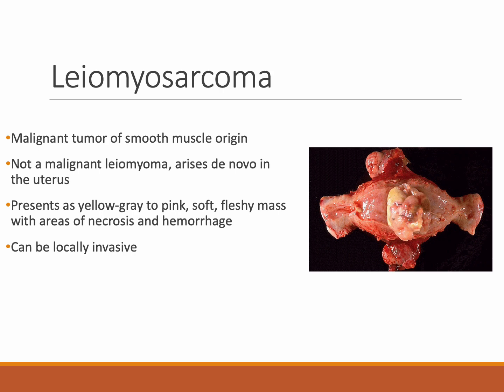That's something people take some solace in, because leiomyomas are very common, and you don't want those to eventually evolve into cancer. These will be nice little pink fleshy masses here. You can see some hemorrhage and necrosis, and they can be locally invasive. So you'd stage these very similarly to other uterine tumors as well.